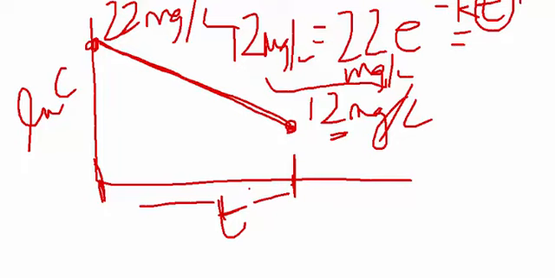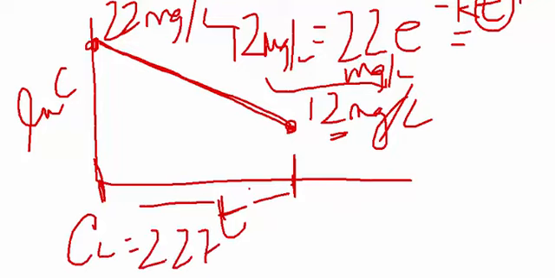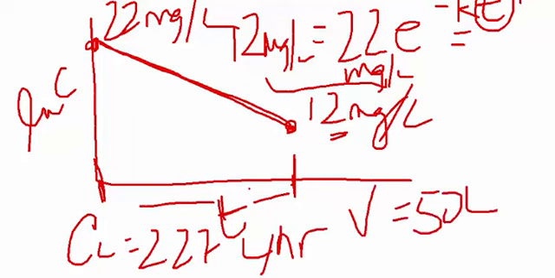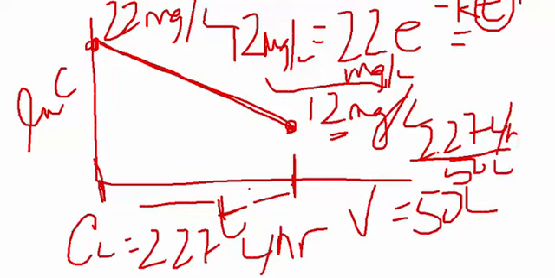What's our K going to be? Well, we just determined our clearance is equal to 2.27 liters per hour. And we're still guessing that the volume is about 50 liters. So what's our K going to be? It's going to be 2.27 divided by 50, right? Let's check our units. Liters cancel. It's going to be per hour.